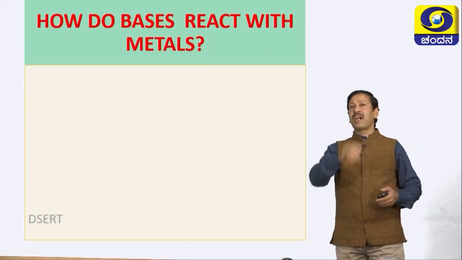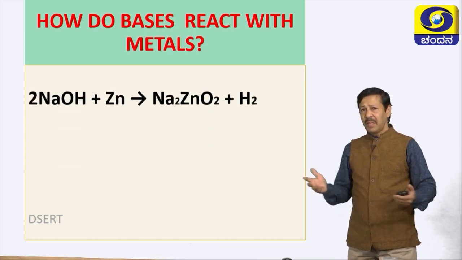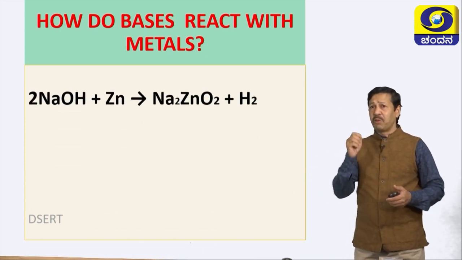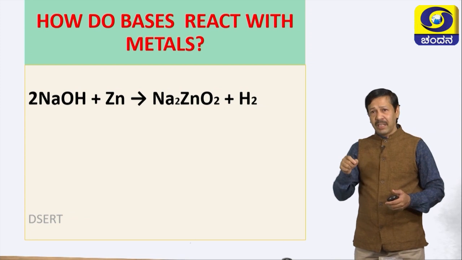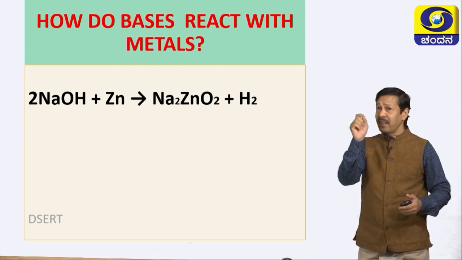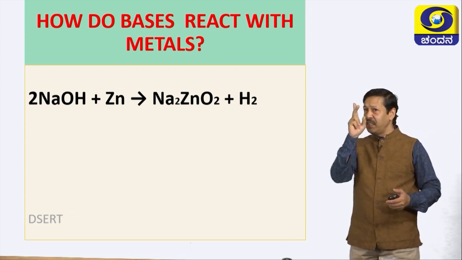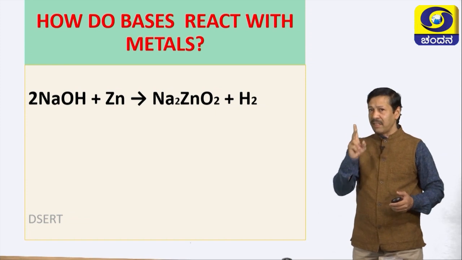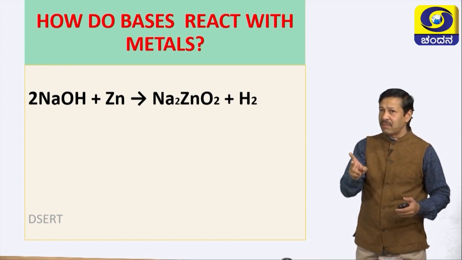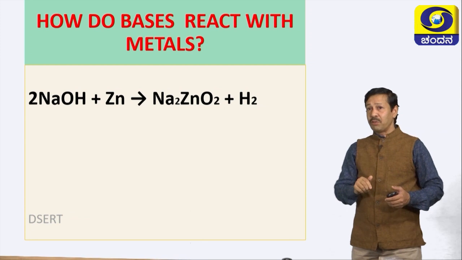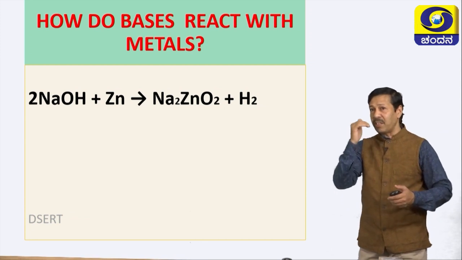How do bases react with metals? Bases like NaOH react with a few metals like zinc and aluminum. Remember, these two metals, zinc and aluminum, are given in the textbook, so you have to practice the equation.